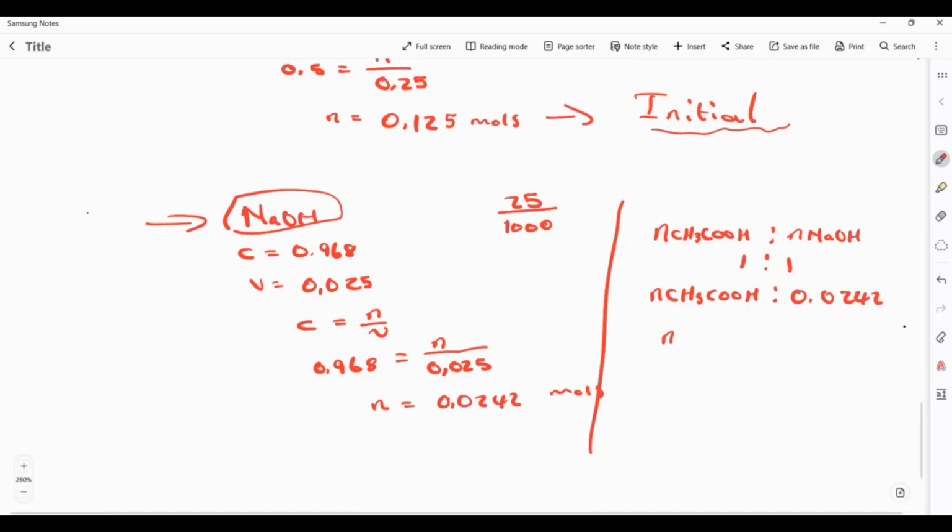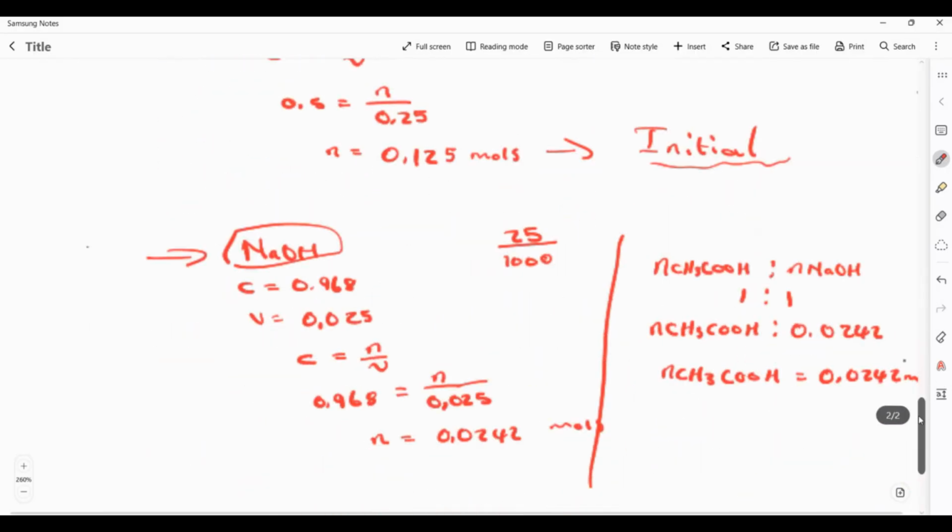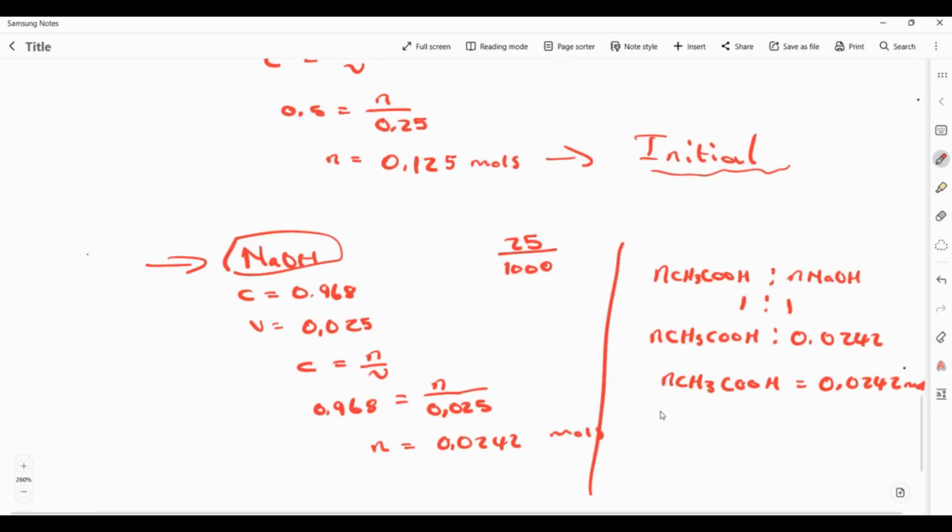And then the number of moles of acetic acid, CH3COOH, is equal to 0.0242 moles. So now, these are the number of moles in excess.